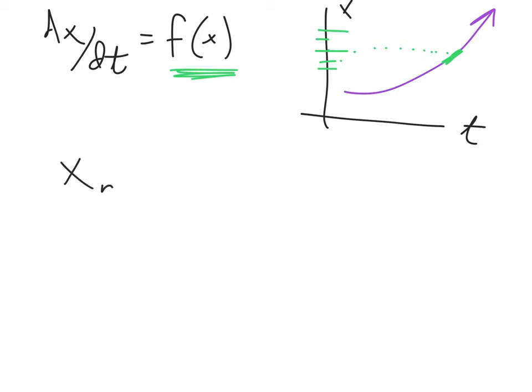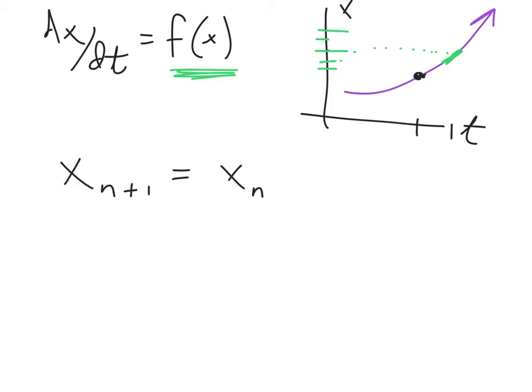This method of approximating is called Euler's method. And with Euler's method, we say, imagine we know the value of x at some point, and we want to estimate the value of x at some other point. So we know the value of x at this point, t, and we want to estimate the value of x at this next point, t.